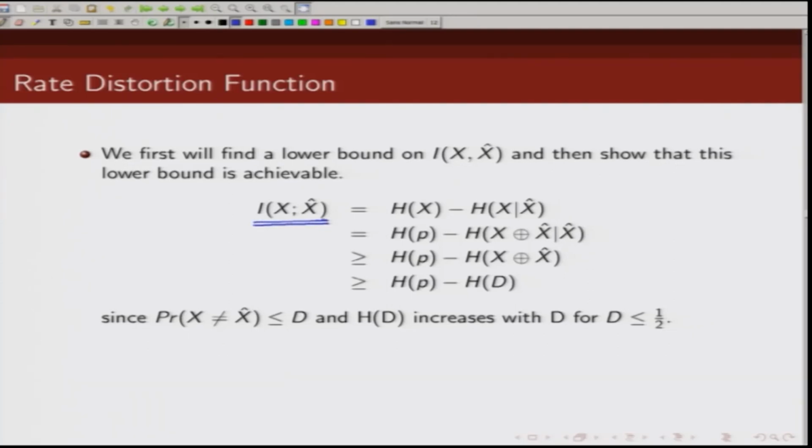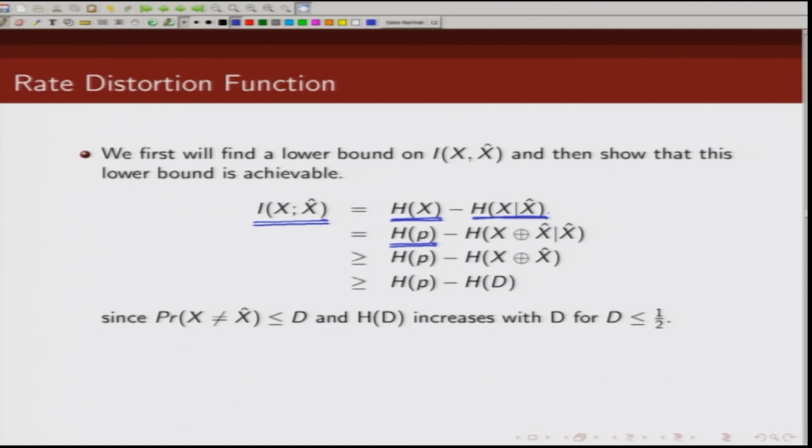From the definition of mutual information, I can write it as h of x minus h of x given x hat. Now what is x? X is a Bernoulli source with probability p. So this is basically a binary source. Its entropy is given by h of p, the binary entropy function of p. Now what is the uncertainty in x given x hat?